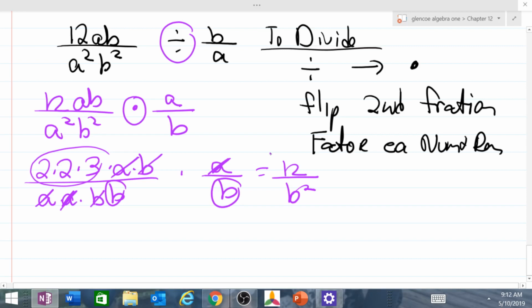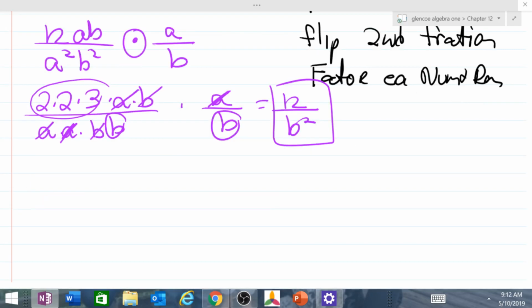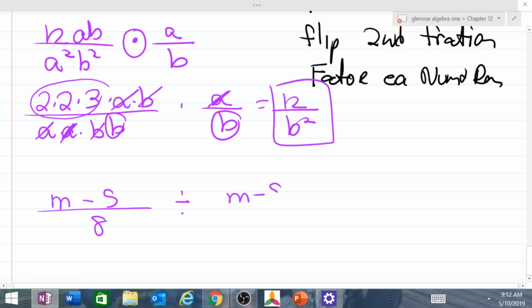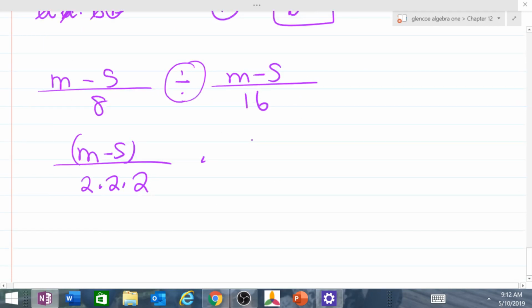Okay? Let's try another one where you have to do just an easy flip. M minus 5 over 8 divided by m minus 5 over 16. Again, we're dividing, so my division sign is going to become a multiplication sign. I'll go ahead and prime factor the 8 right now because that'll help me.